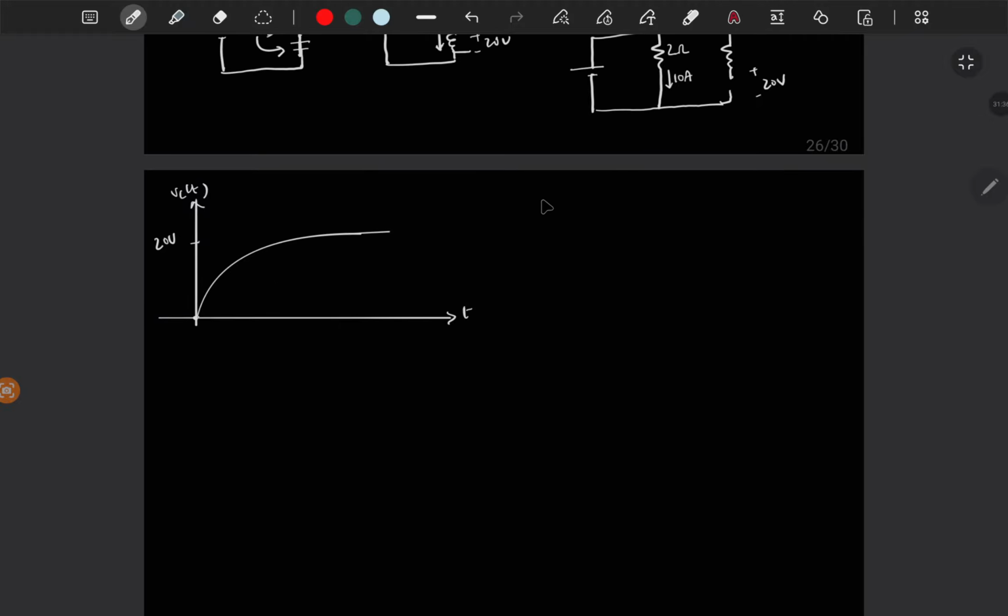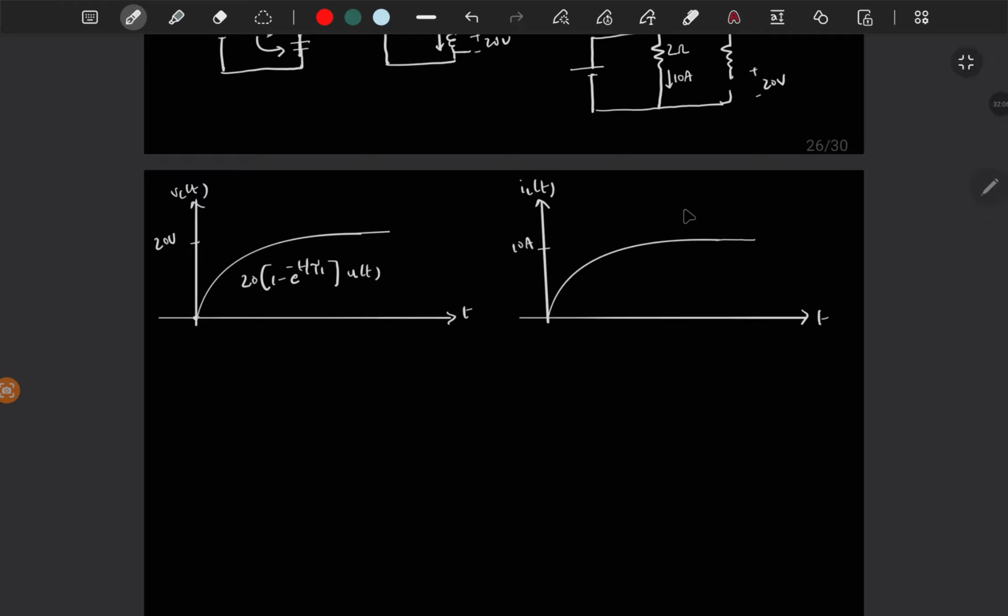So this is 20 volts, and this is 10 amps. So this is 20 times 1 minus e power minus t by tau 1 u of t, and this is 10 times 1 minus e power minus t by tau 2 u of t.